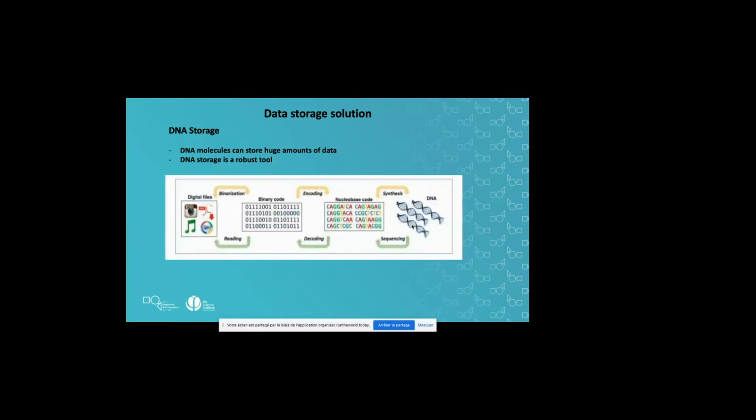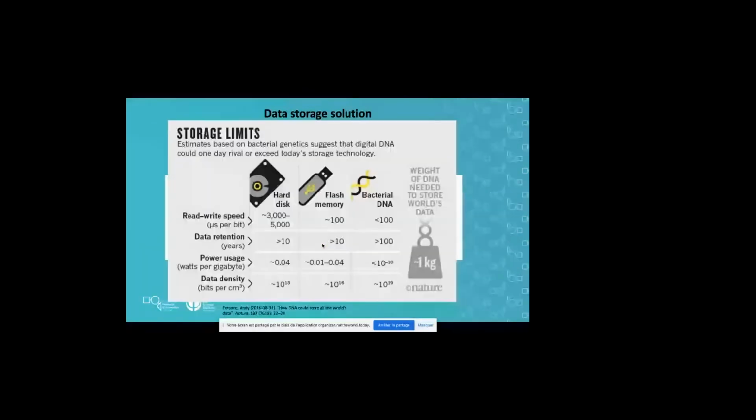The process is just based on converting the binary code of any file you have to a nucleobase code and vice versa. This solution seems very promising since many companies have started using it, and it can store all the world's data, as shown here, in just 1 kilogram of DNA, which is really something incredible.